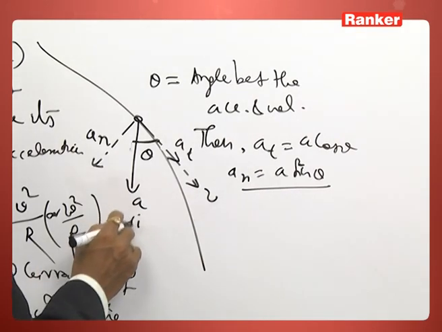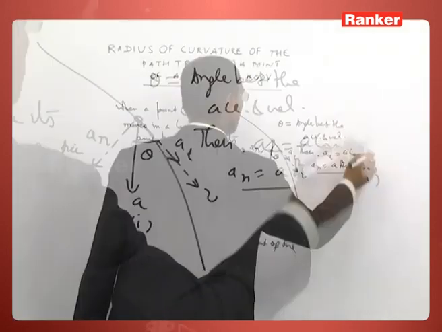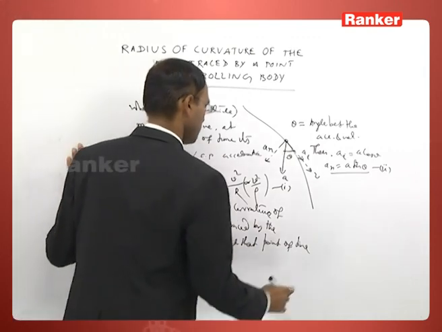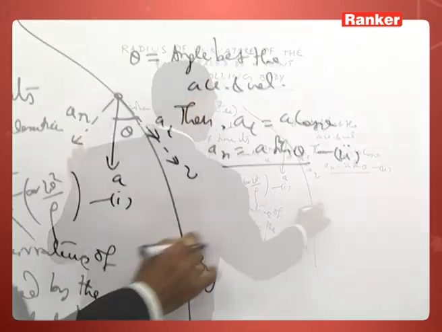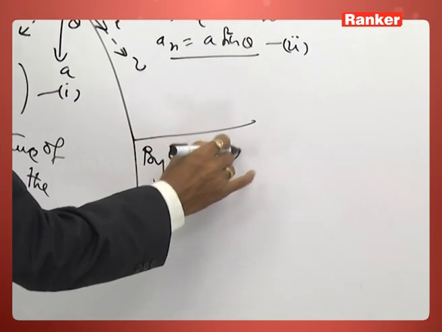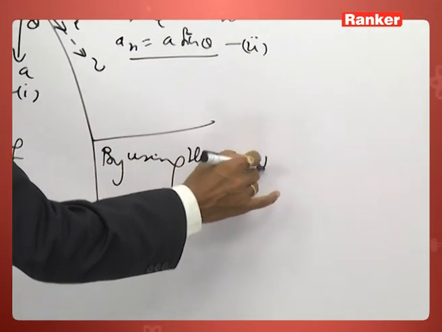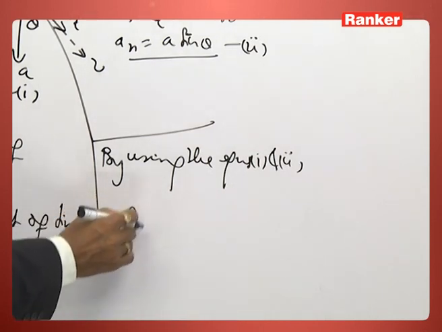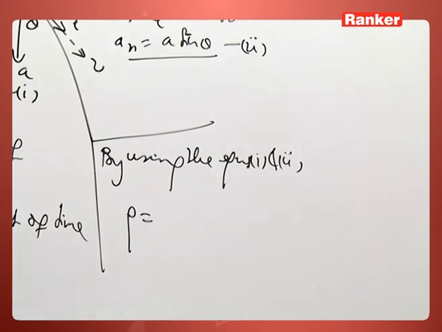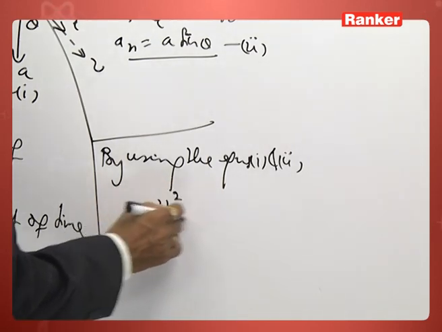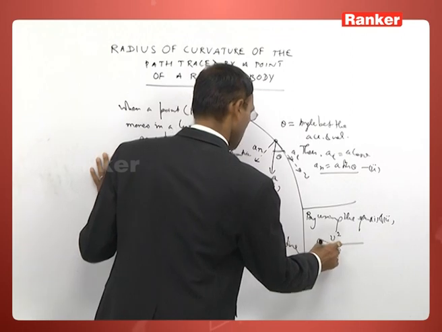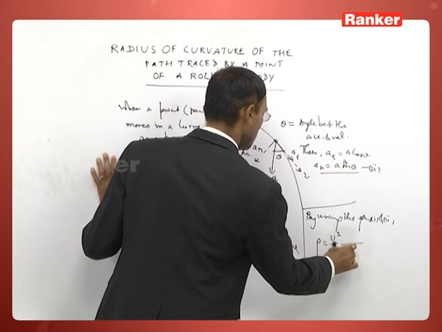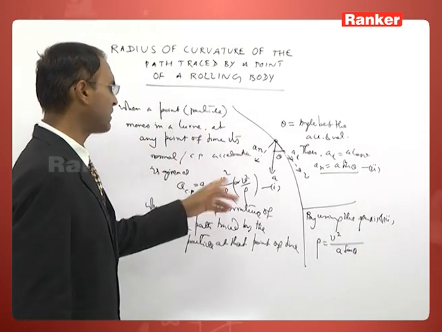Using these two equations, we can find the radius of curvature. We have radius of curvature equal to the square of the velocity of the particle at that instant upon normal acceleration, that is equal to v square upon a sine theta, where theta is the angle between the acceleration and velocity vector.